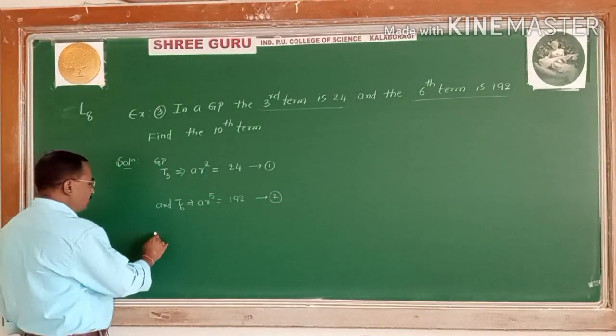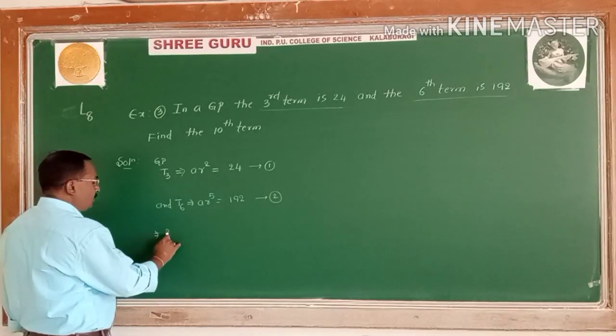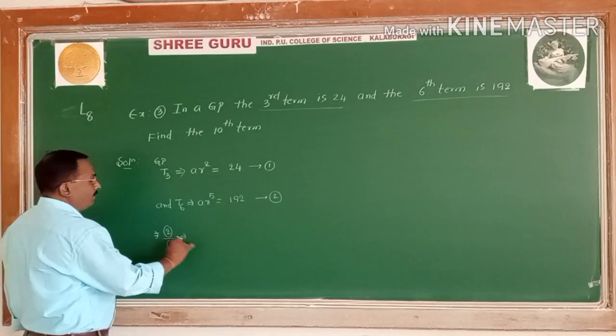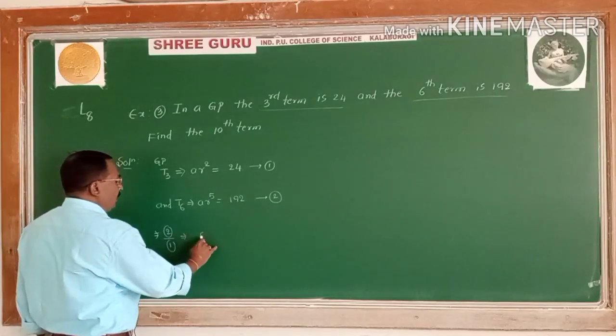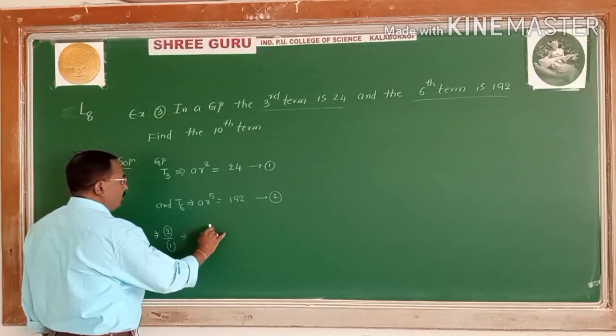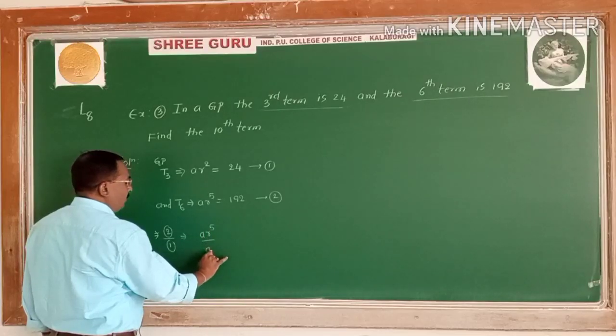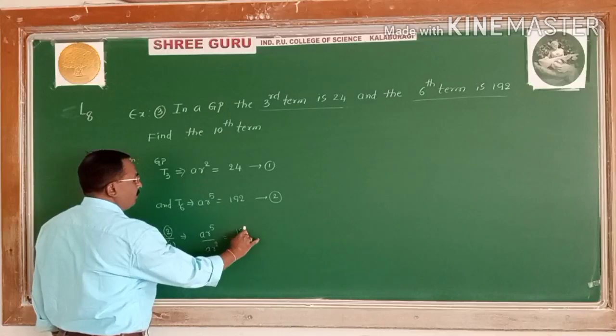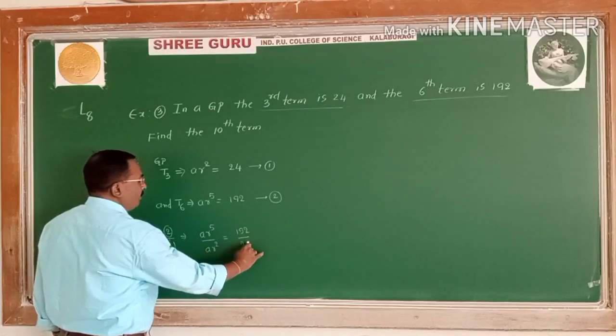Which implies, equation 2 by 1 apply. A into R to the power 5 divided by A into R to the power 2 is equal to 192 divided by 24.